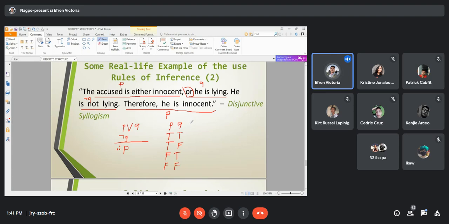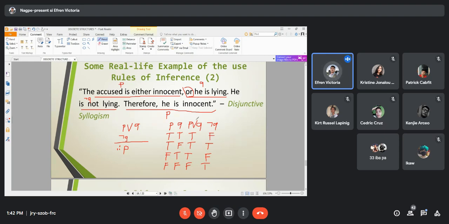Okay, so gamitan muna natin ng or. So, or si P at saka si Q. So, true, false. Then, not Q. So, false, true, false, true.